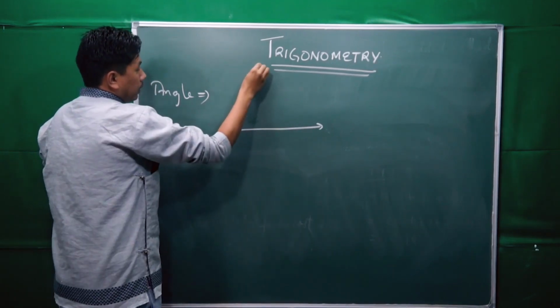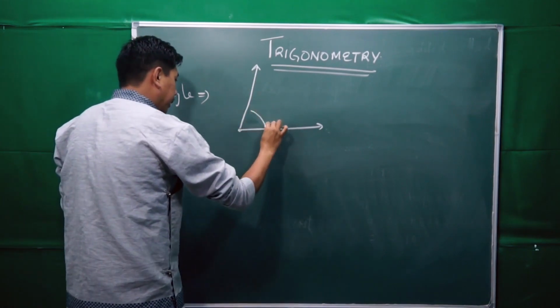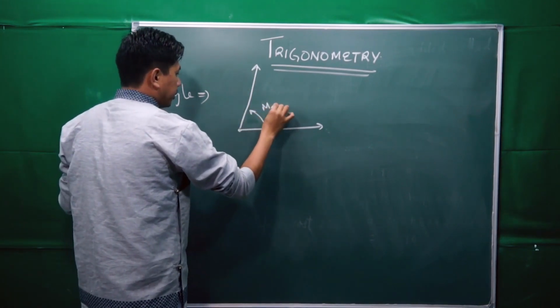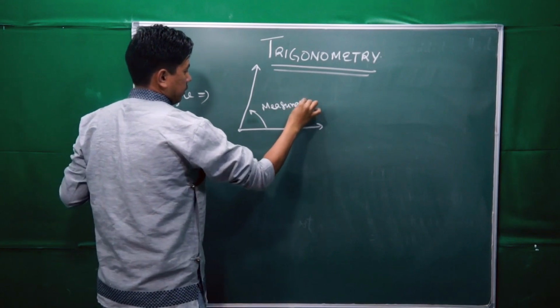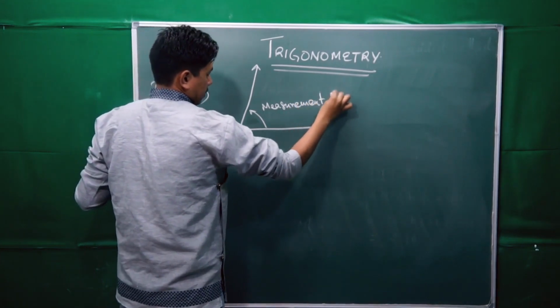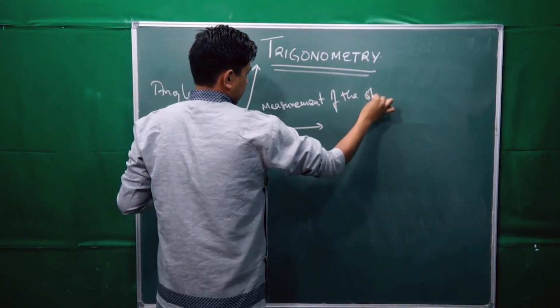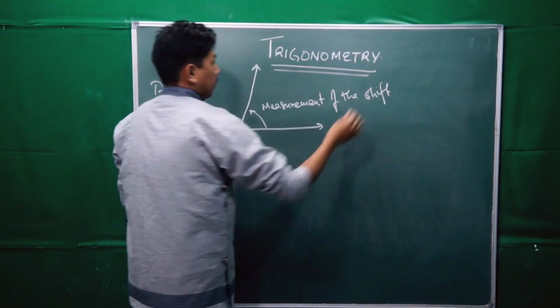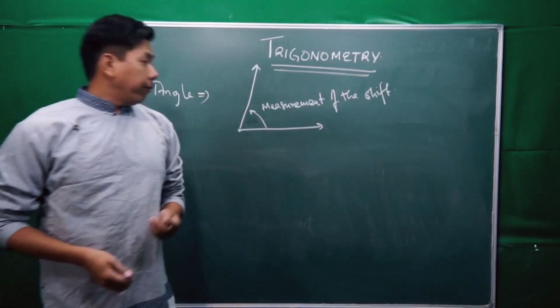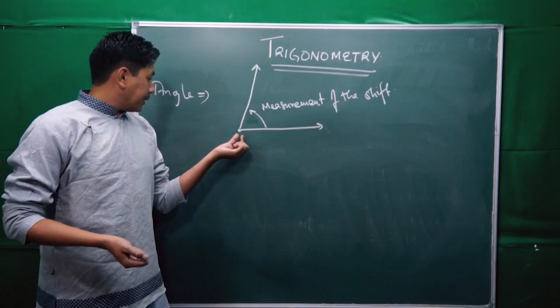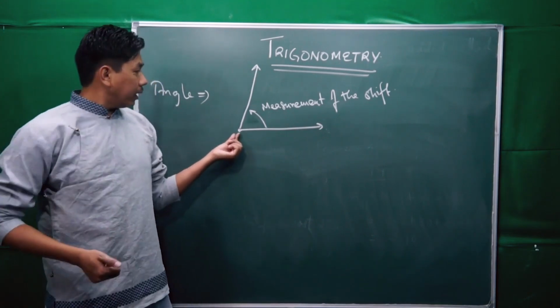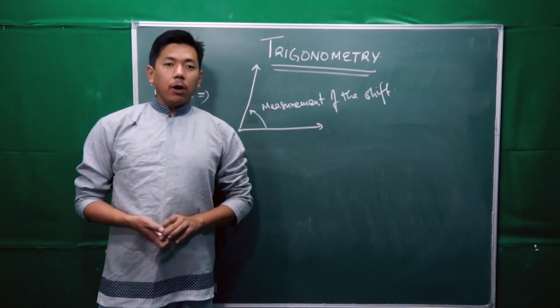So the shift, the measurement of shift of a given ray with an axis that is fixed, that measurement is called angle.